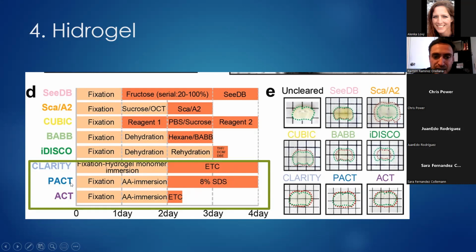Los tres tienen buenos resultados, pero el Clarity, que requiere electroforesis, tiene bastantes problemas en el sentido de que necesita un equipamiento especial, y los electrodos también son bastante caros como para hacerlo en un laboratorio.